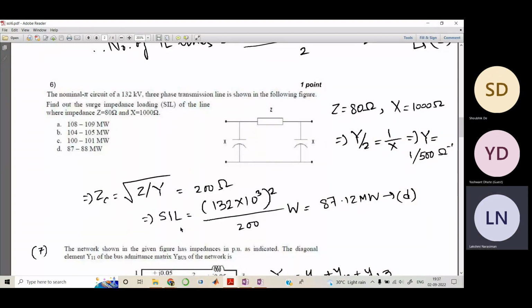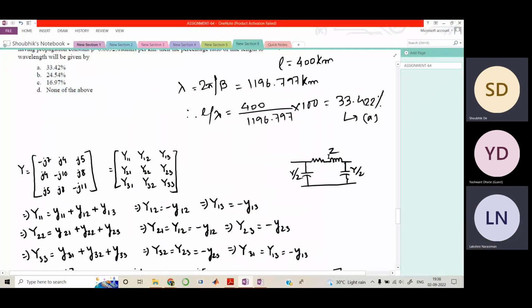I have a point here. Do we need to take Y by 2 as 1 by 500, or how is it taken actually? Y by 2 would be 1 by 1000, no, Y should be equal to 1 by 1000, and Y by 2 should be equal to 1 by 2000. The pi network is this, right?